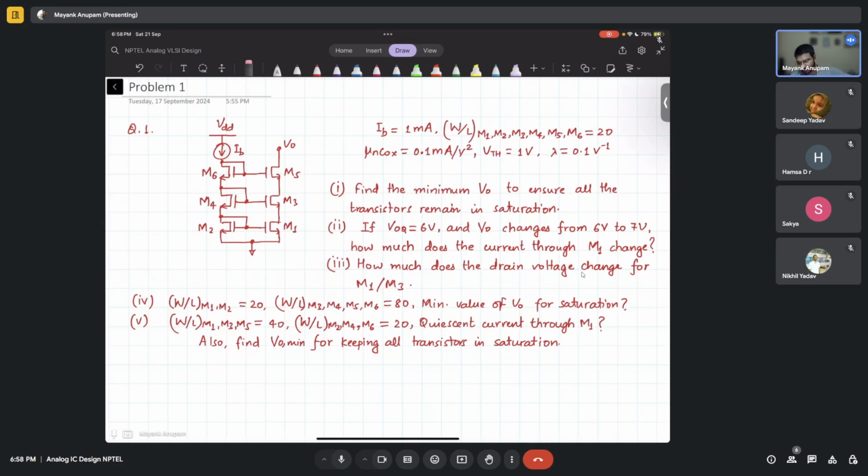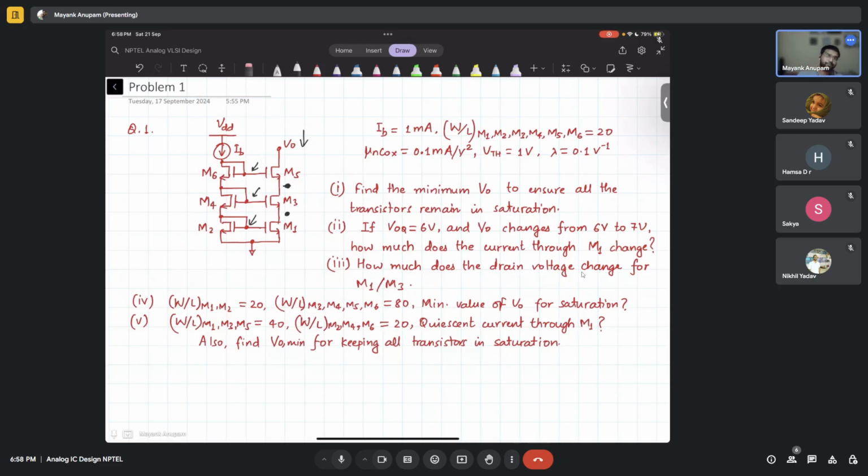So here, basically, you have to assume it this way. First you have to find out what is the gate voltage at all the nodes, here, here and here, isn't it? Once you find out the gate voltage at all three nodes, you know that at minimum V naught, it is very natural to expect that all the node voltages, this node and this node, will all be minimum, right?